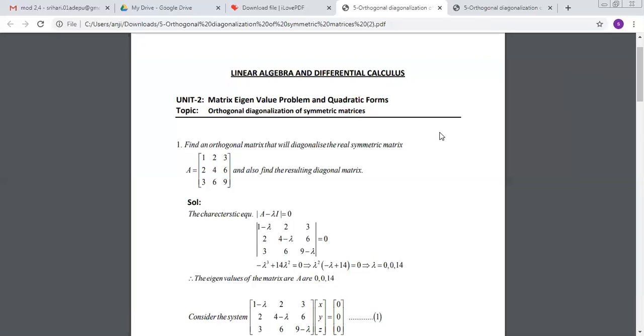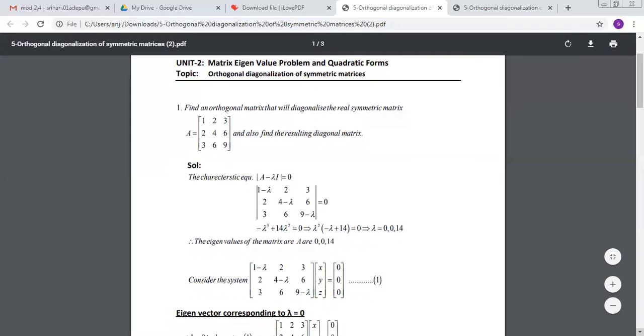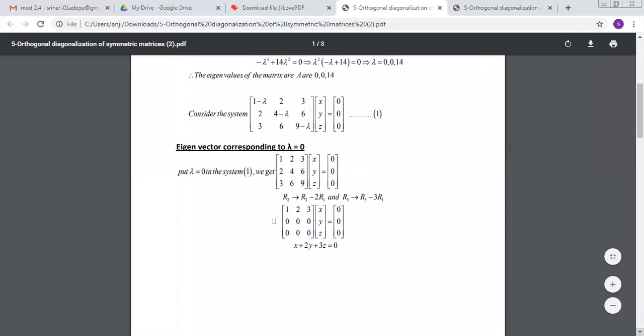The eigenvectors must be pairwise orthogonal. If the eigenvectors are not orthogonal, we have to find a new eigenvector which is orthogonal to every eigenvector. Then we write the normalized modal matrix, and that matrix diagonalizes the symmetric matrix.